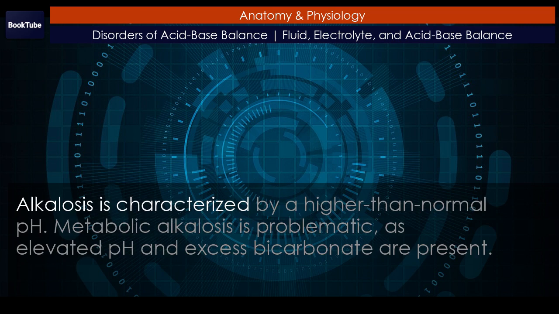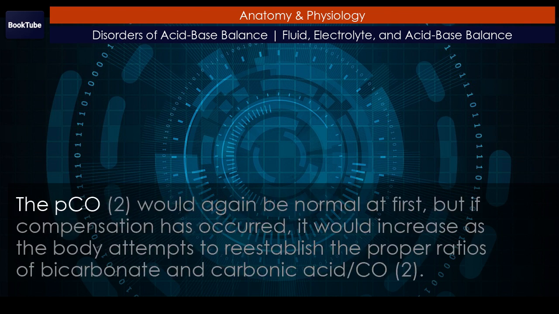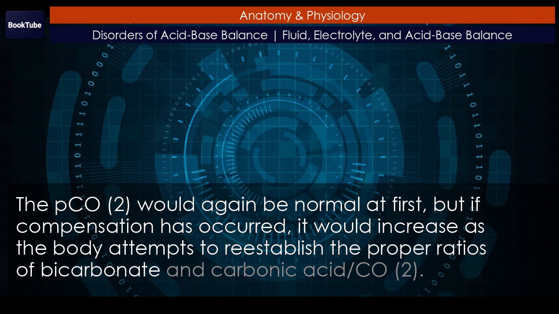Alkalosis is characterized by a higher than normal pH. Metabolic alkalosis is problematic, as elevated pH and excess bicarbonate are present. The PCO2 would again be normal at first, but if compensation has occurred, it would increase as the body attempts to re-establish the proper ratios of bicarbonate and carbonic acid, CO2.